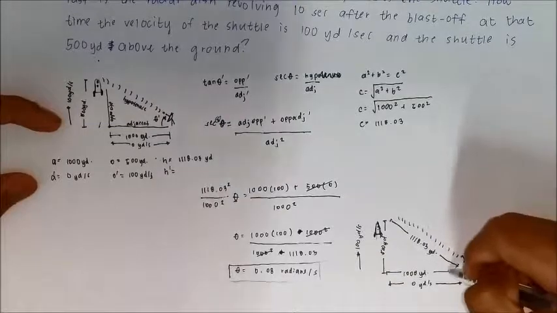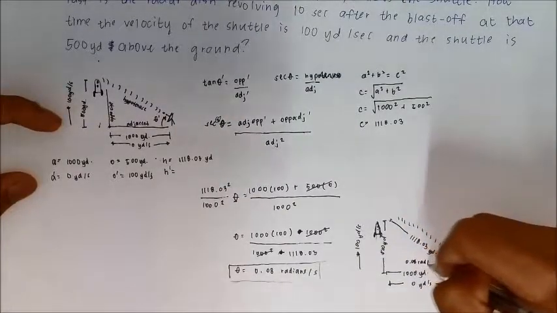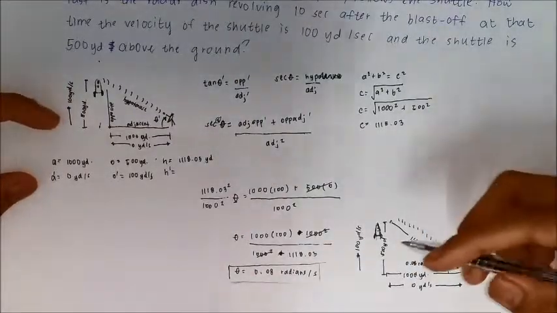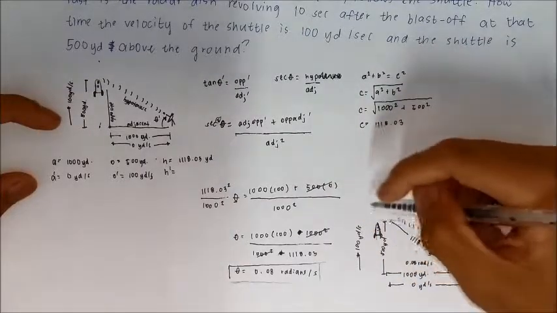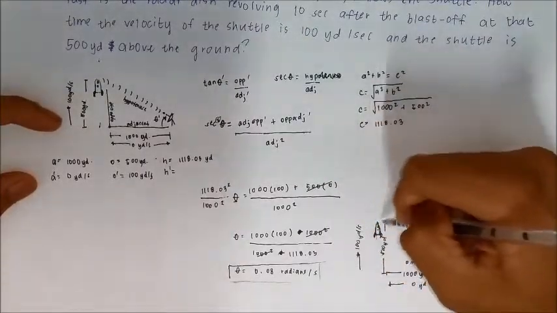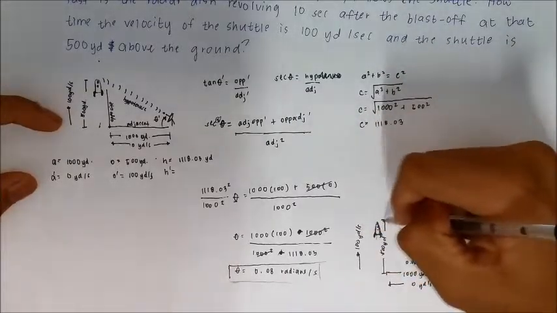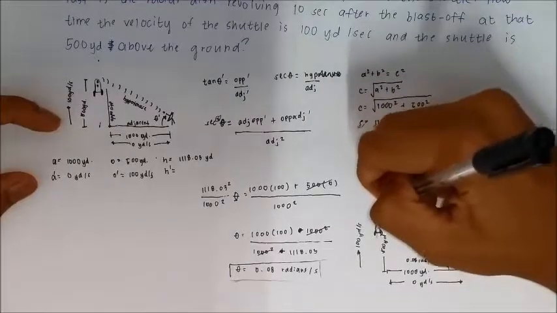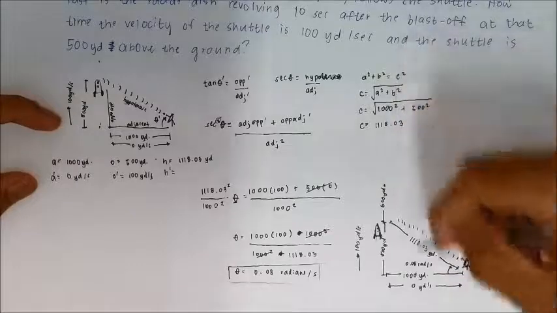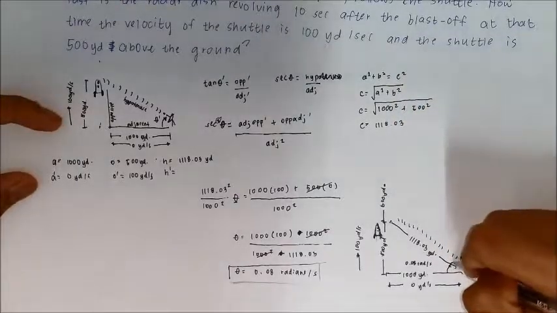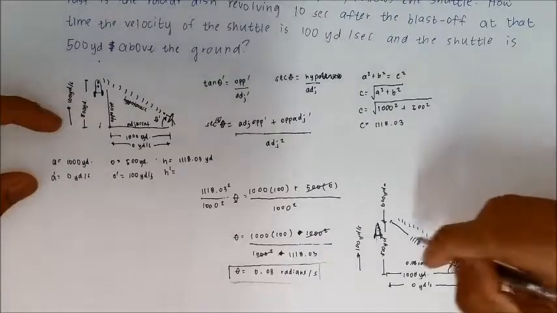Now the rate at which the angle changes is 0.08 radians per second, as we calculated, meaning that as the rocket rises, let's say after a second, 100 plus 500, the distance will be 600 yards after a second. Therefore, the rocket will be here. The angle will increase to remain following the shuttle.